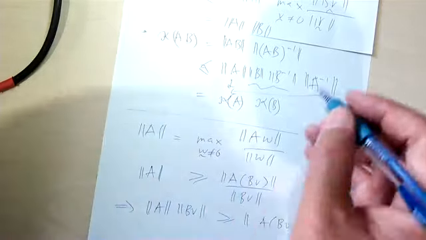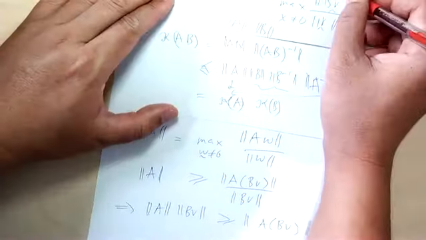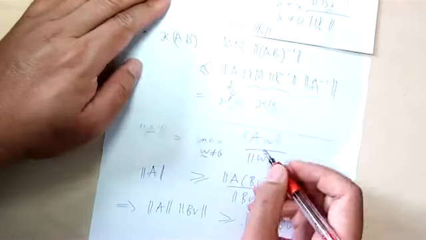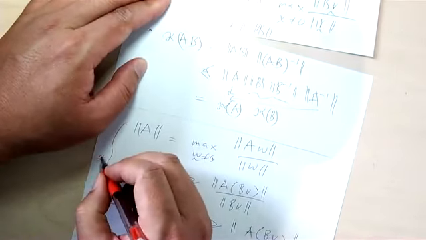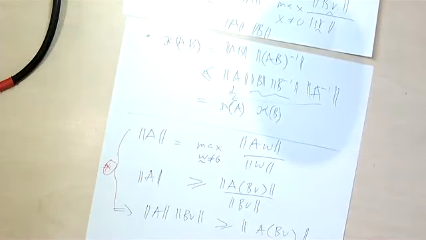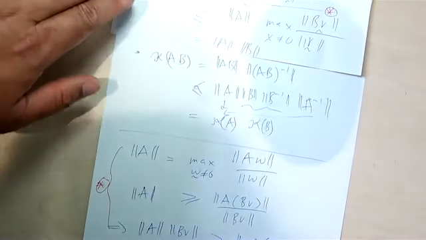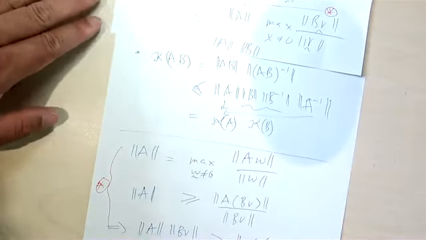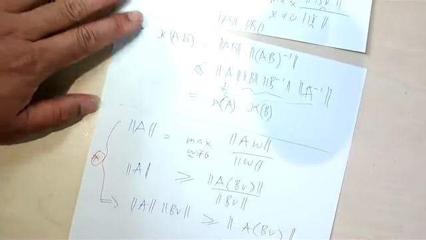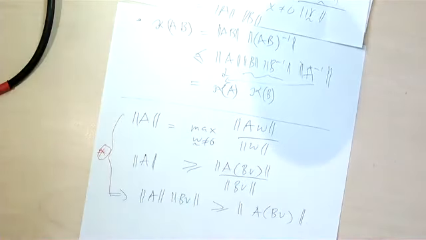So actually the star here, it's a bit too fast, yeah, but it comes from that, yeah. And then you can pull out the norm of A. Okay.